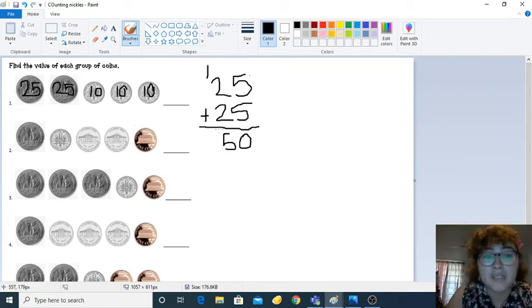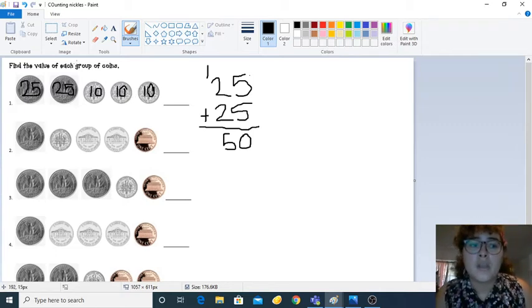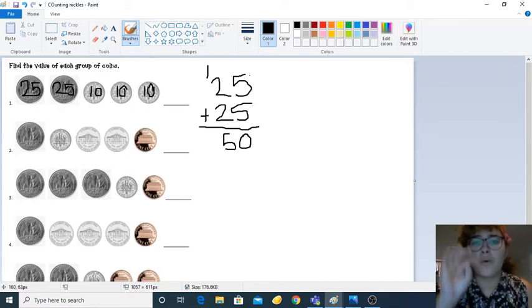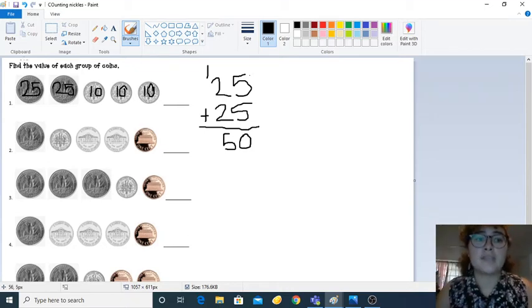We have 50 cents so far, but we still have 3 dimes to work with. Now, this part should be a little bit easier because we already know how to count by tens. So if we have 50 and we put 10 more, we just go back over our tens. 10, 20, 30, 40, 50. Which one goes next?